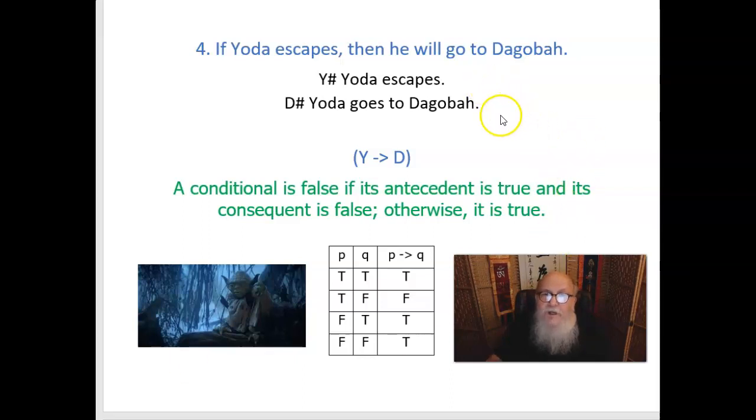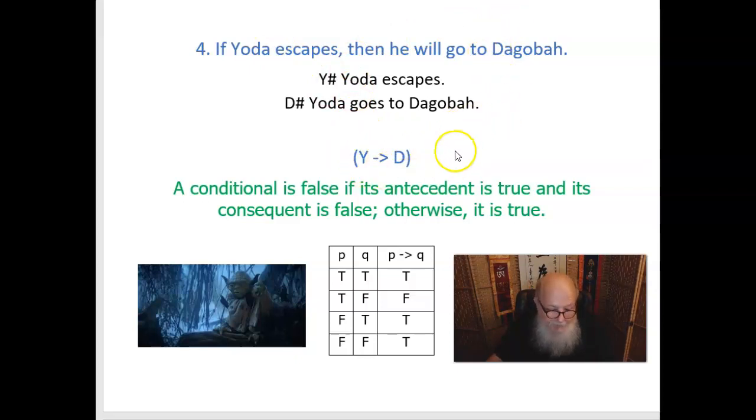Y for Yoda escapes, D for Yoda goes to Dagobah, and that gives us if Y, then D. Y arrow D. The two propositions are related by the if-then, and the resulting compound proposition is called a conditional. The first proposition is called the antecedent, and the second proposition is called the consequent.